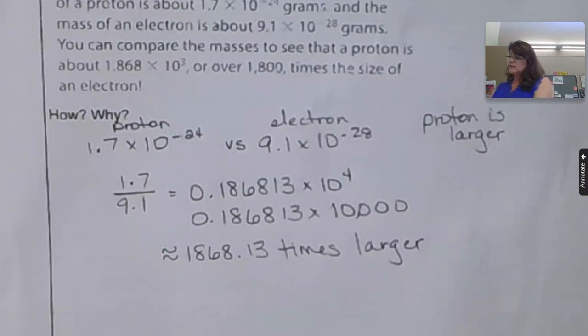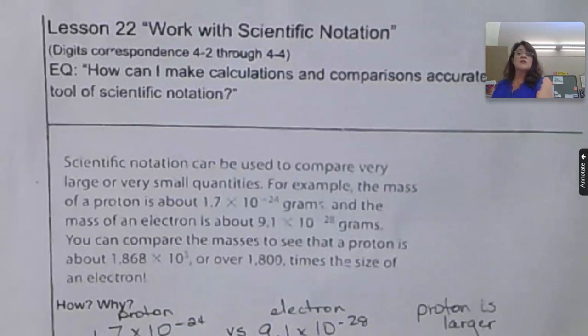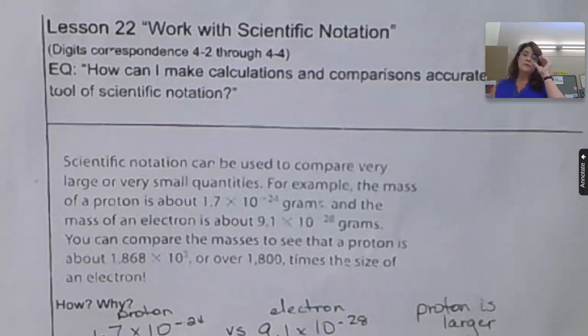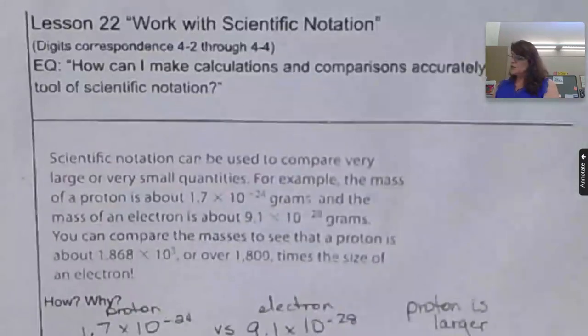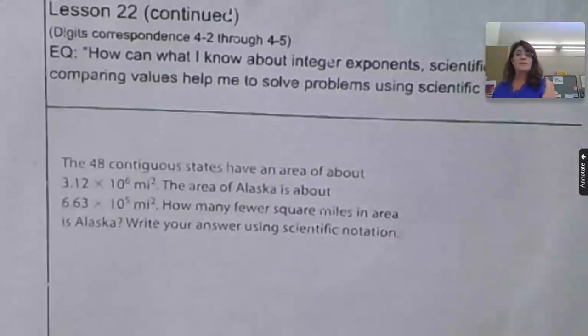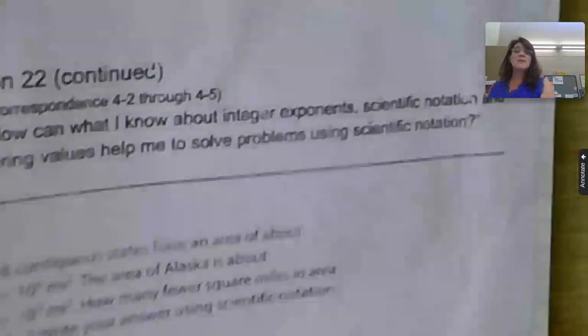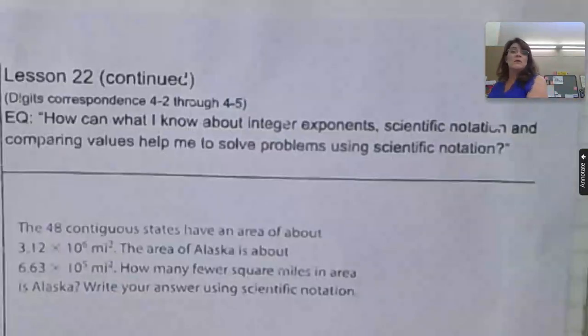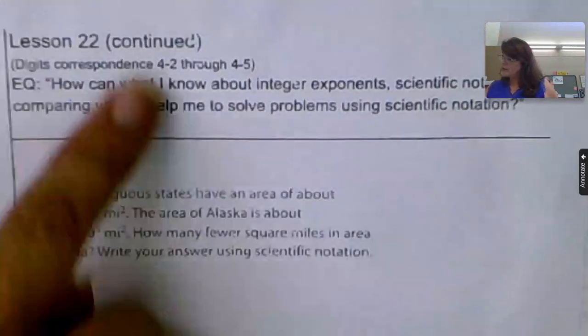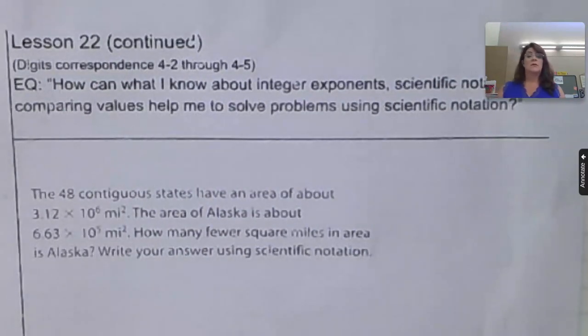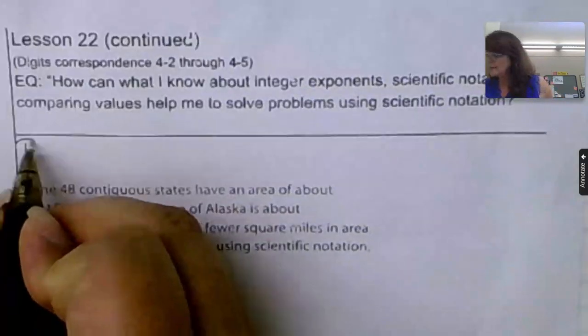In this lesson, normally I would split this lesson in two, but for some pacing reasons, we're not. So we're going to do a couple more examples, and in these examples we are going to make some comparisons. Here's your big idea.